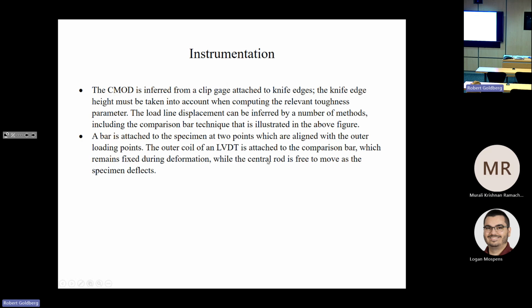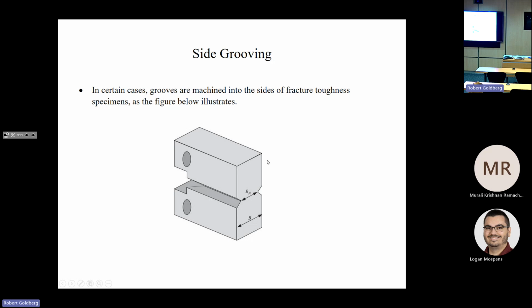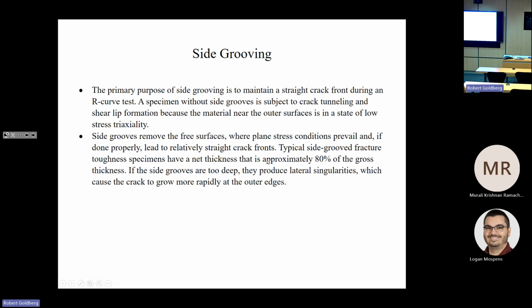Now, the last topic we'll talk about before break is that you can also put side grooves into your fracture toughness specimen, and this figure here shows that. Obviously this is exaggerated for effect, but the idea of the side grooving is to maintain a straight crack front during a J-R curve test.